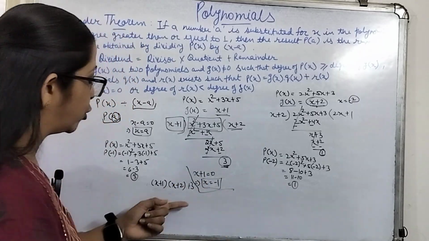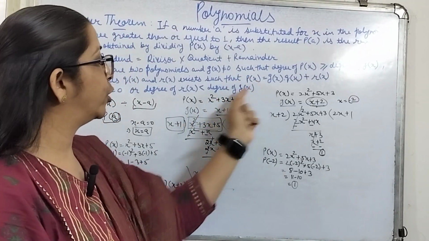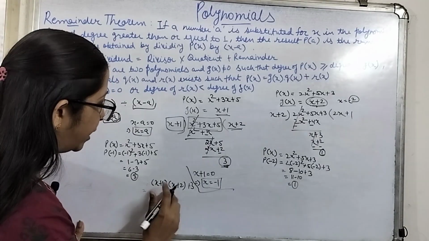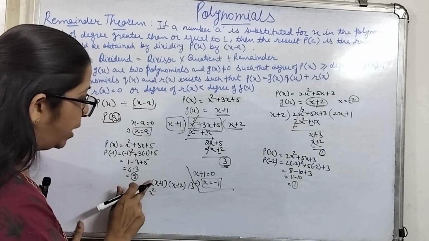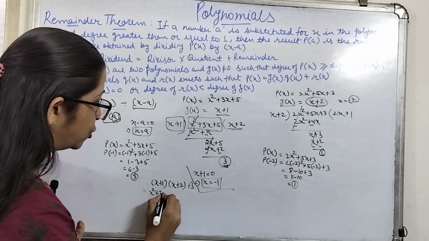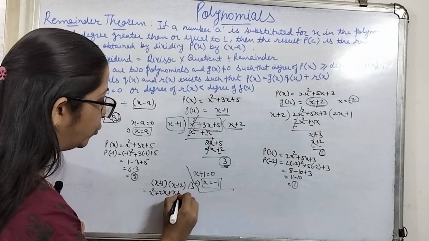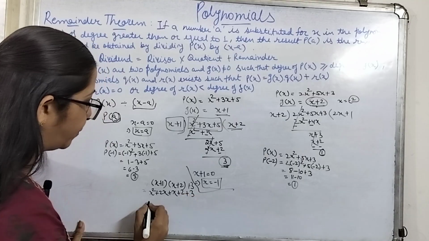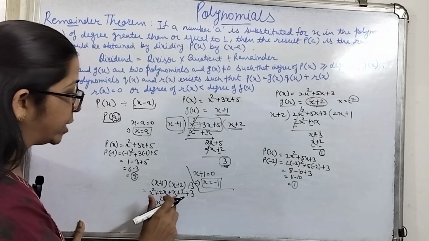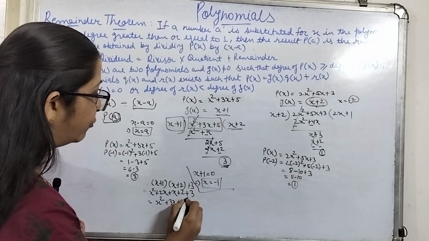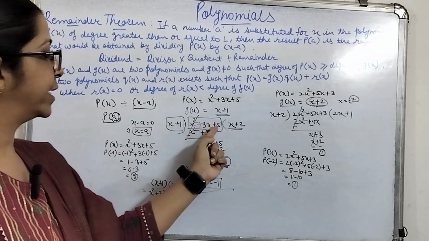If I solve it, it should be equal to your dividend. Just check it out. x multiplied by x will be x squared. x multiplied by 2 will be 2x. 1 multiplied by x will be x. 1 multiplied by 2 will be 2, plus 3. So it is x squared, 2x plus x will be 3x, and 2 plus 3 will be 5. x squared plus 3x plus 5.